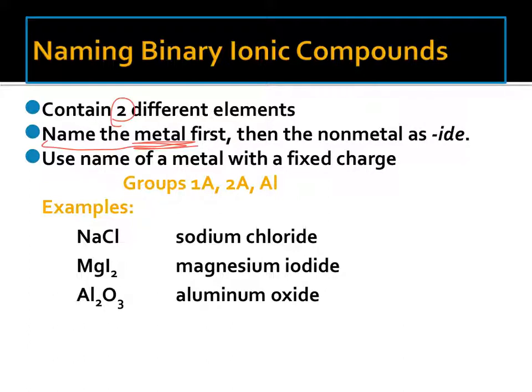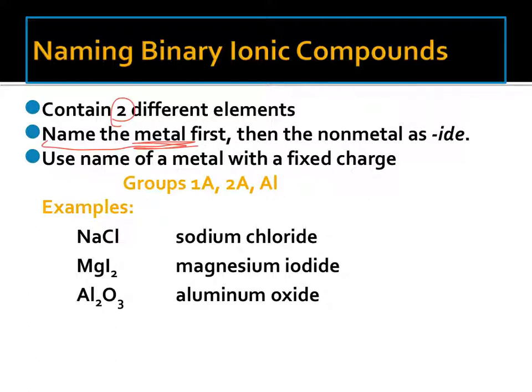If you have a metal with a fixed charge, so you need to check and recognize that it's in group 1 or group 2 or aluminum, then you just name the metal, then name the non-metal ion. So NaCl is one that you're probably all familiar with. Sodium chloride.